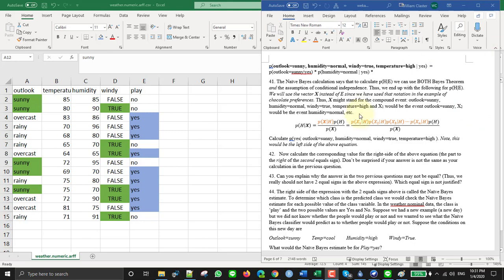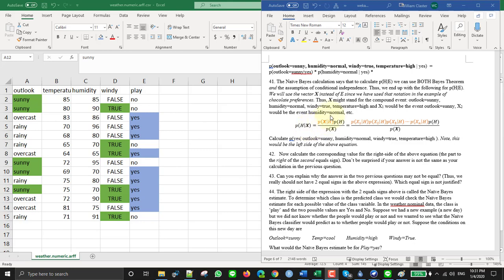Just to explain, in class we said that with this kind of calculation, when you have a lot of variables in X, in the evidence, in the input, you're never going to find even one case that matches all of these specifications.